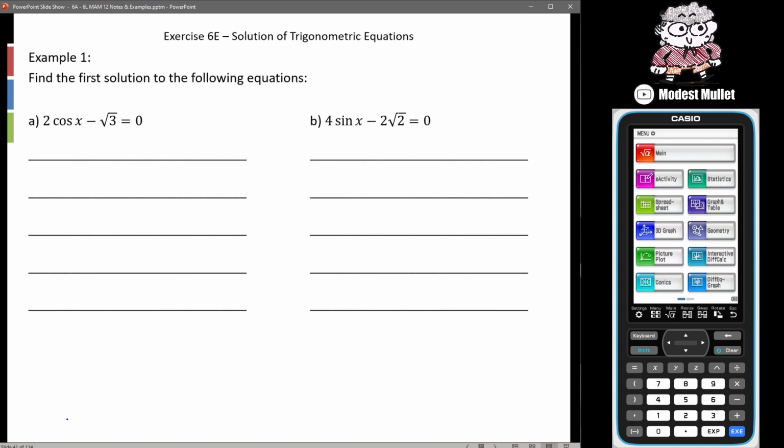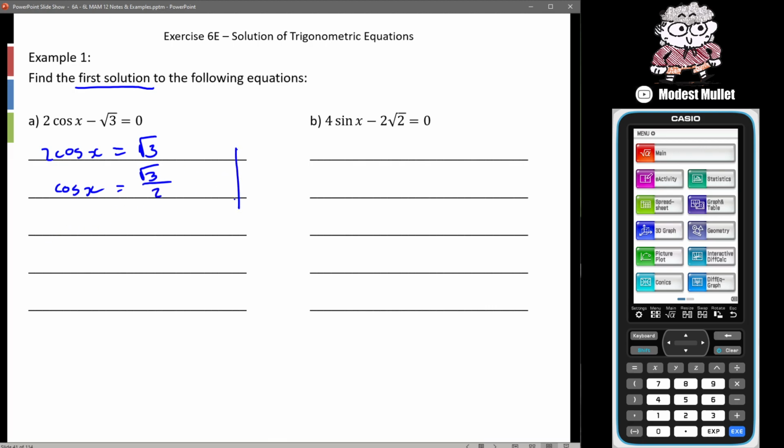Right here, just a quick practice example: find the first solution. So we're just caring about the one that we think is the first obvious one that comes to mind. So we've got 2 cos x minus root 3 is equal to 0. So we just start applying inverse operations. I'm going to add root 3 to both sides. I now get cos x is equal to root 3 on 2.